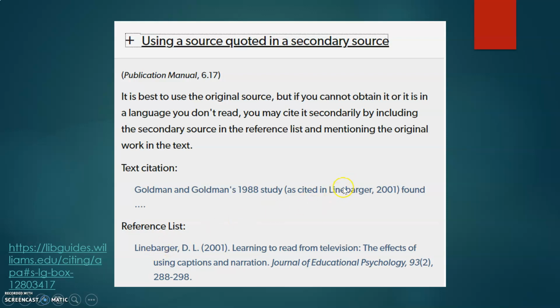I'm referring to the source which cited this information. As I'm using this information from this secondary source, I start my citation with reference to the original owner of the idea, and in parentheses I say "as cited in", and I give the source on my reference list.